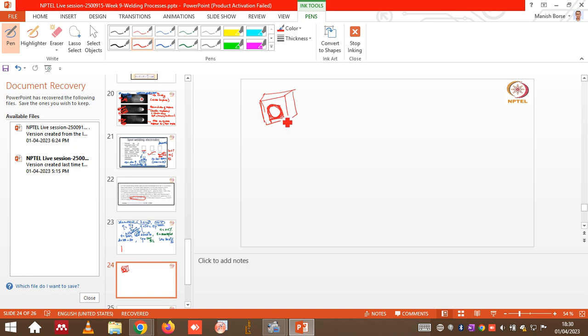They gave that the width of this zone is nothing but the diameter. That means it is circular, and we can say the area is width multiplied by thickness of the plate, so that much area we have to melt, right?